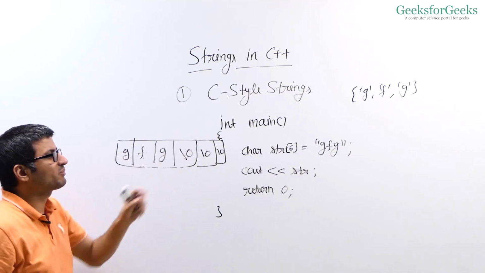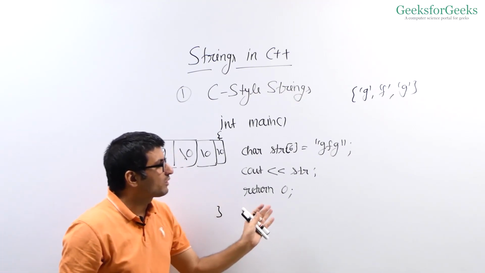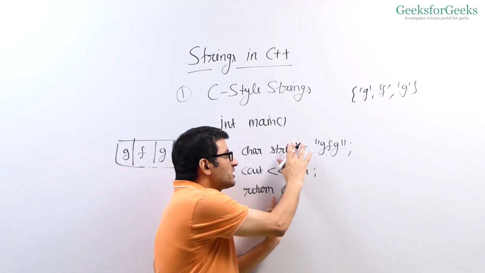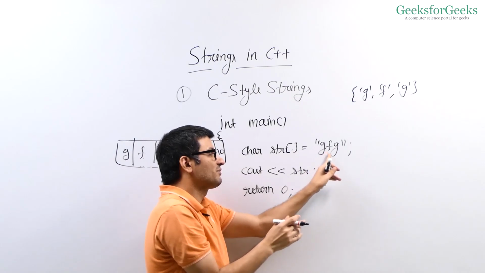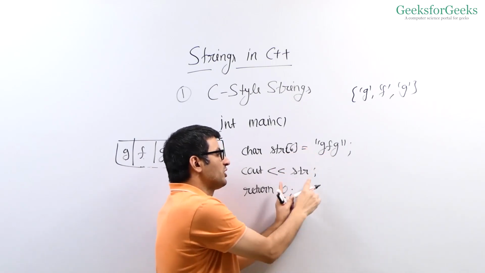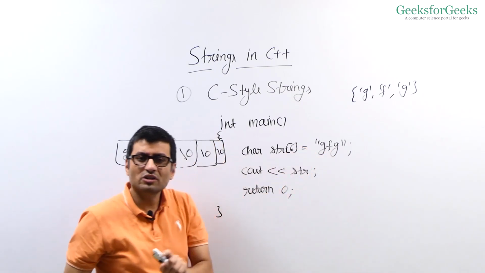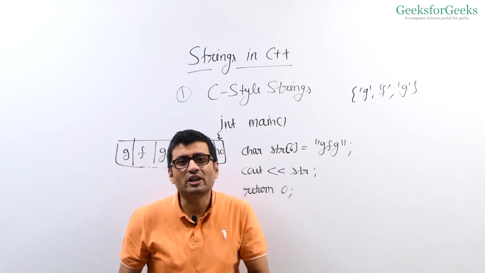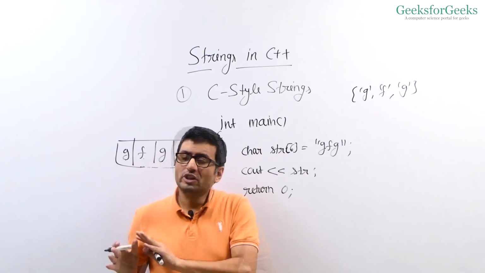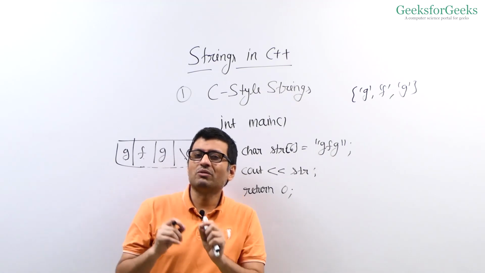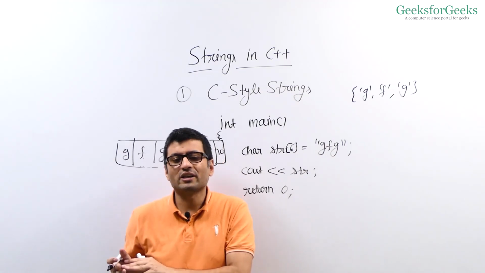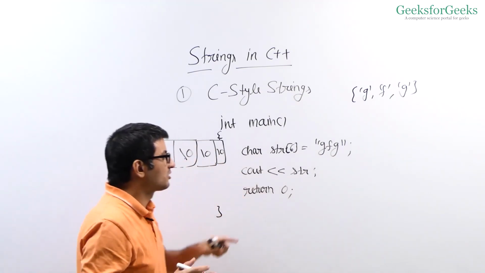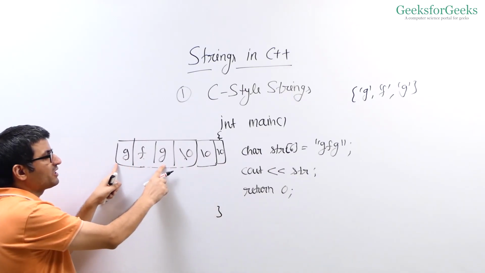Here they are initialized as \0. So the output of this program, with or without this 6, is going to be GFG only, because C style string operations, whether you are printing them or calling a function on them, all work this way. They begin from the first character and keep on printing the characters until they see a \0. So this cout of str will print GFG.